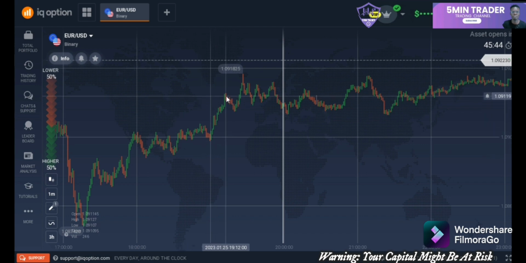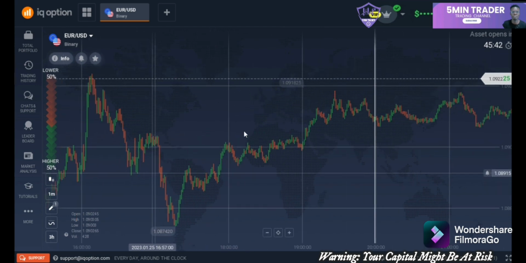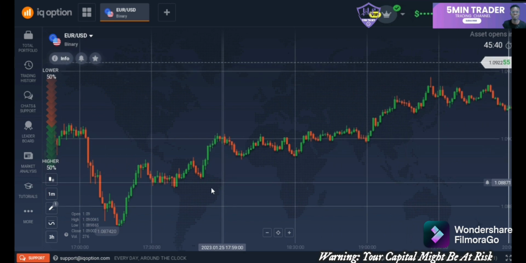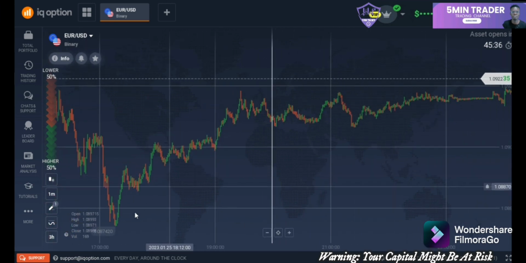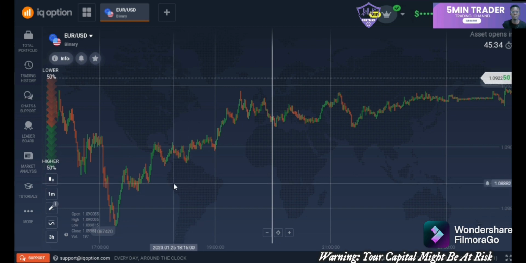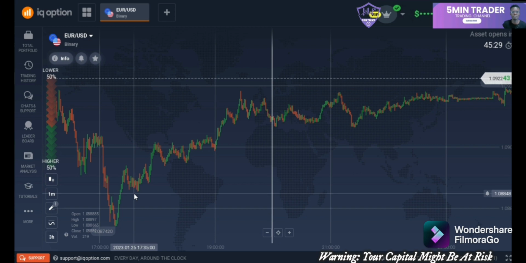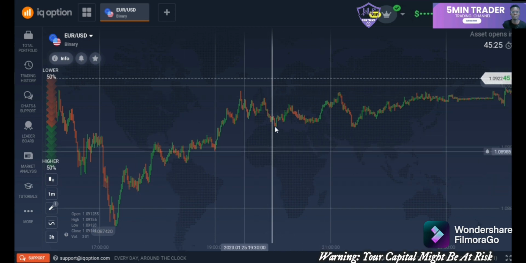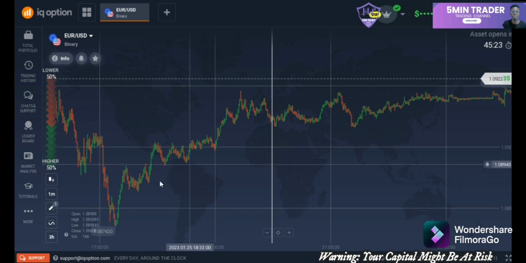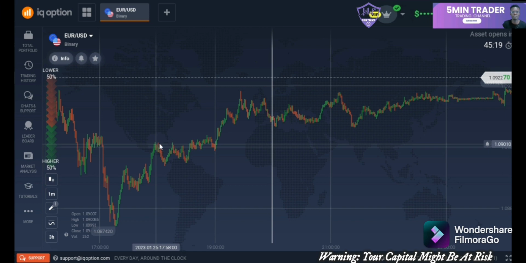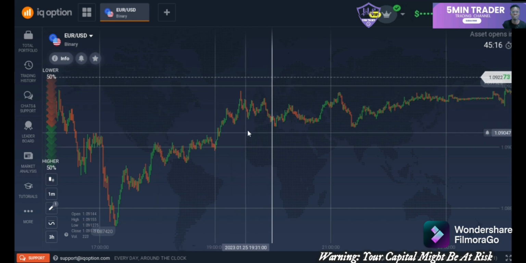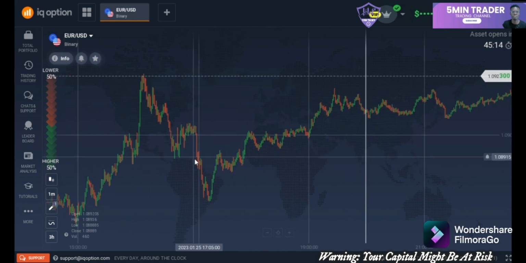So this is an uptrend. An uptrend starts from a low and it creates lows that are higher than the previous. That's how you know that the market is going up. It creates highs that are higher than the previous highs. That is how you know that the market is trending up.